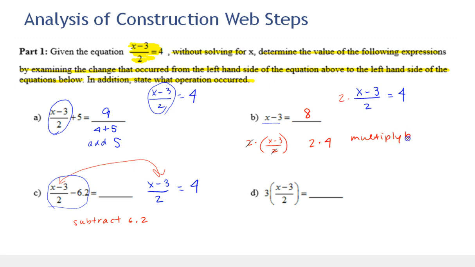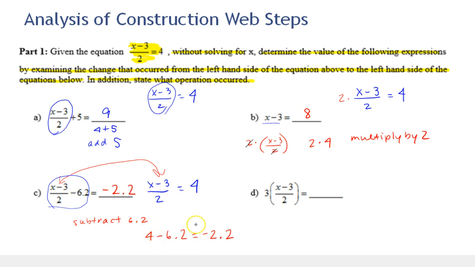Multiply by 2 is the operation we performed on both sides here. Here, we're subtracting 6.2. Well, that means to find the result, we also need to subtract 6.2 from 4. So 4 minus 6.2 equals negative 2.2. So this result would be negative 2.2.